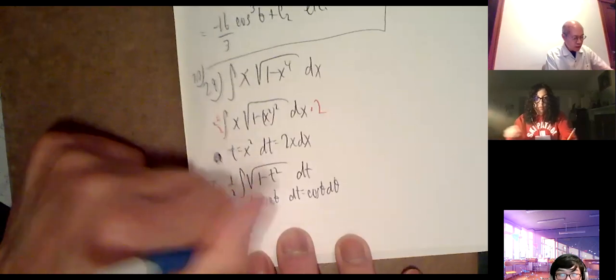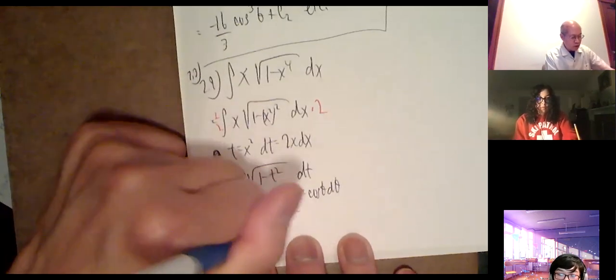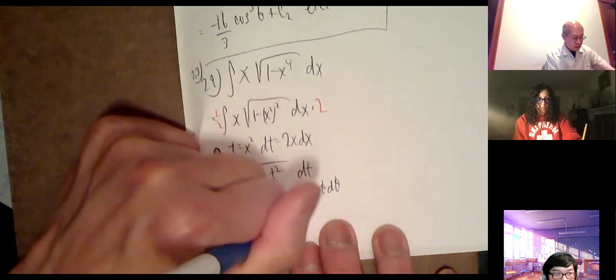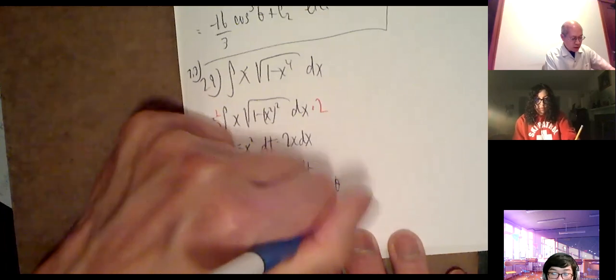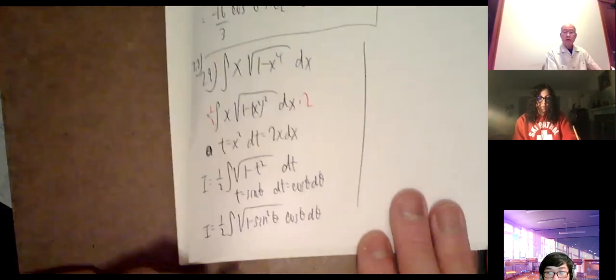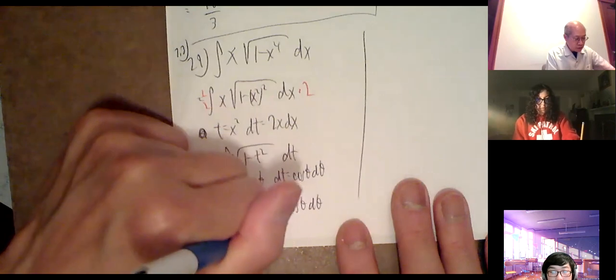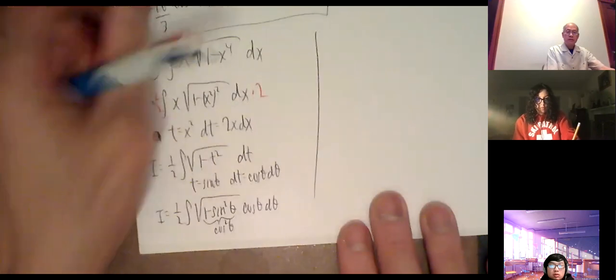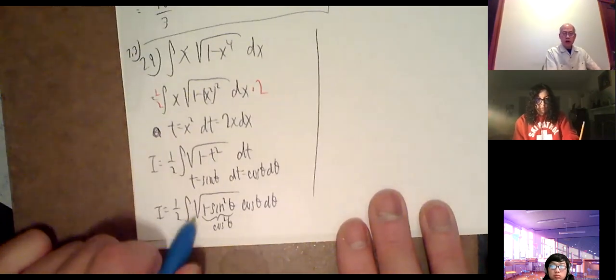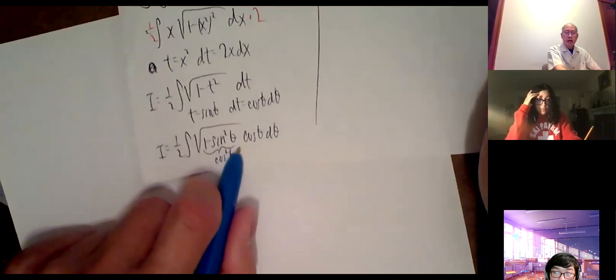So I is 1/2 integral of radical 1 minus sine squared theta times dt, cosine theta d theta. And this becomes cosine squared. So the square root of cosine squared is cosine. So I have 1/2 integral of cosine times another cosine. So cosine squared.